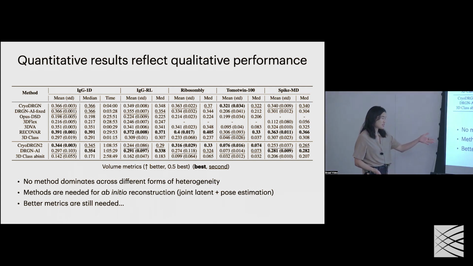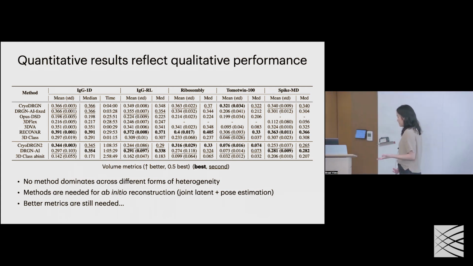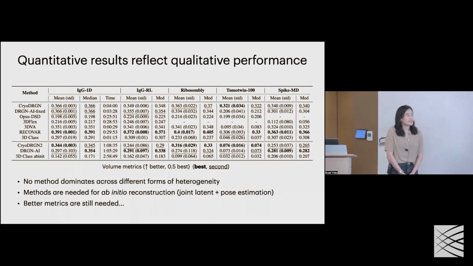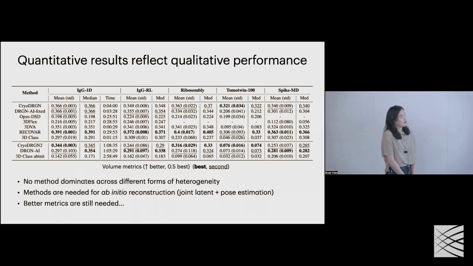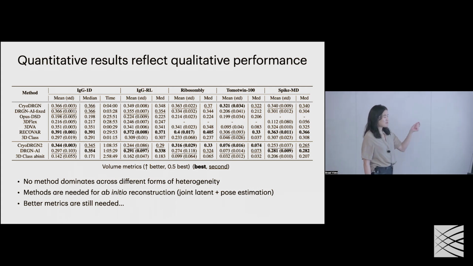Ab initio reconstruction methods are still needed, since joint conformational inference and pose estimation is a very, very challenging inverse problem. And these metrics work. You can make these large tables, which I think people in machine learning really like. But better metrics are still needed.